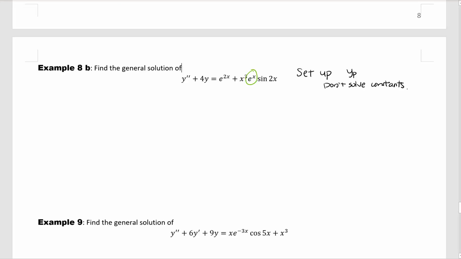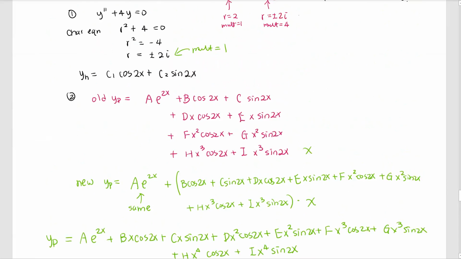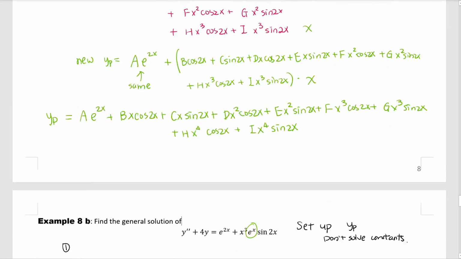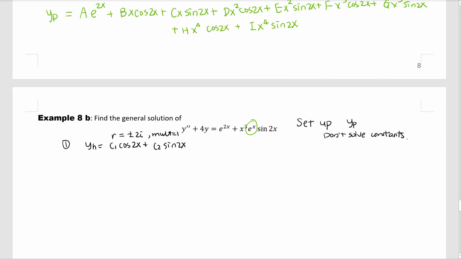The first step will be the same as before because your homogeneous differential equation is still the same. So yh is c1 cosine 2x plus c2 sine 2x. And remember, we have plus or minus 2i with multiplicity 1 in the characteristic equation. Now the right-hand side.